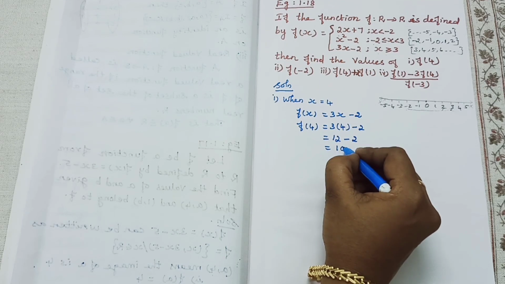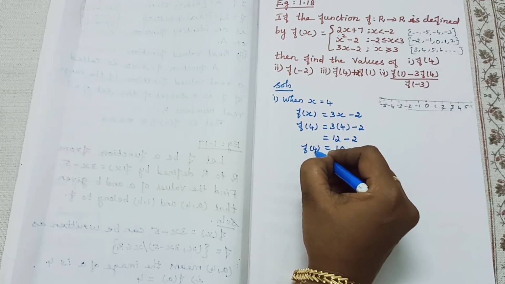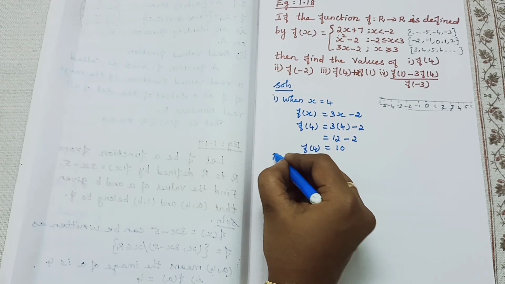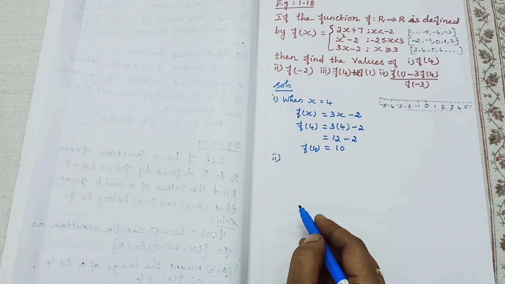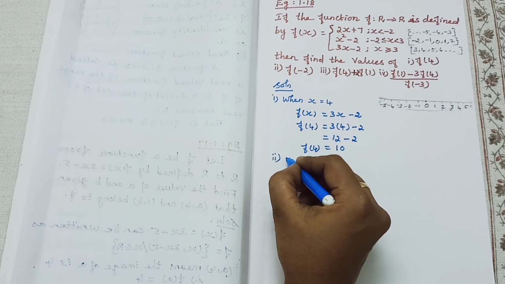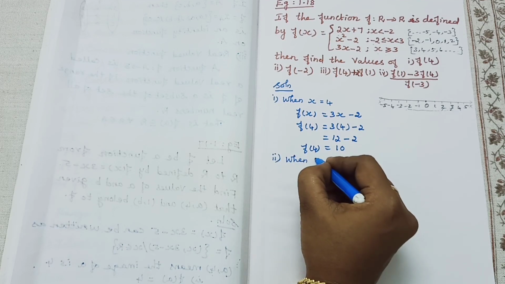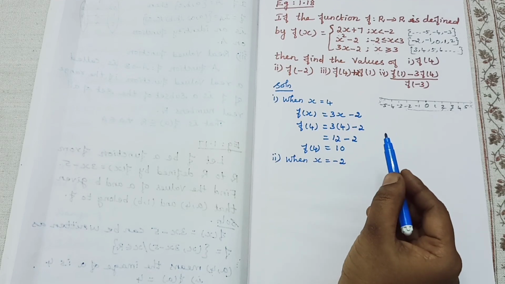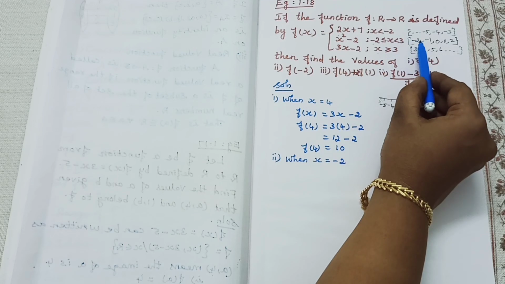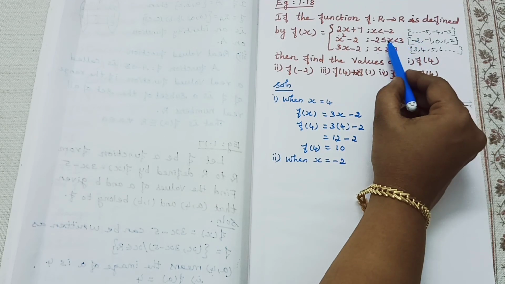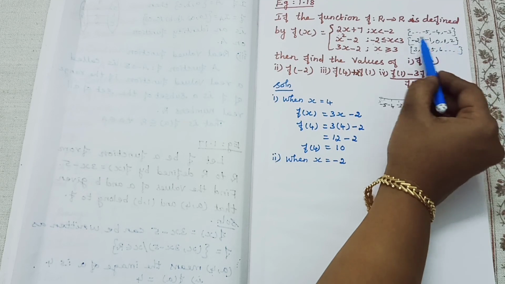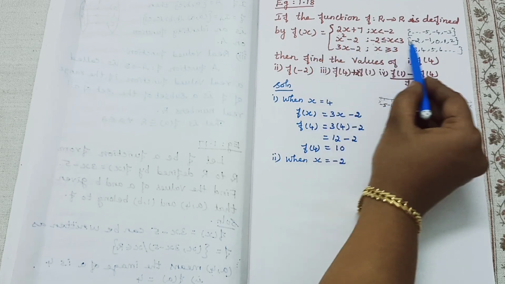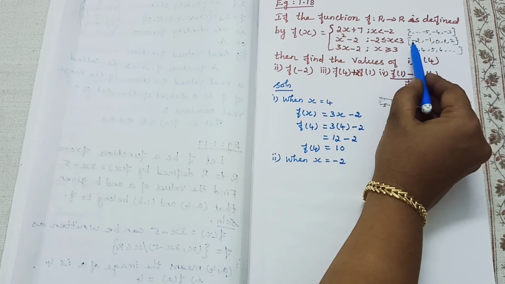So we select f of x is equal to x square minus 2. Here we substitute x as minus 2. F of minus 2 equals minus 2 the whole square minus 2. Minus 2 the whole square is 4, isn't it? 4 minus 2 is 2. Therefore, f of minus 2 is equal to 2.